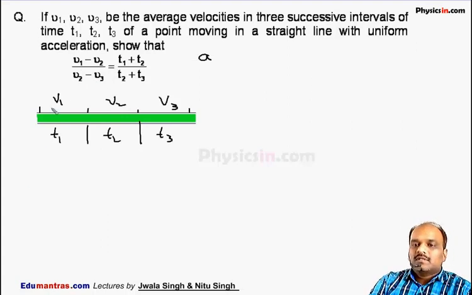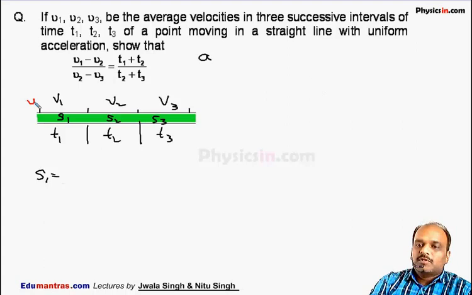Let these distances be S1, S2 and S3. Let the speed here be U, here V, here V dash, and here V double dash. V1 is the average speed for the first interval, V2 for the second, V3 for the third.